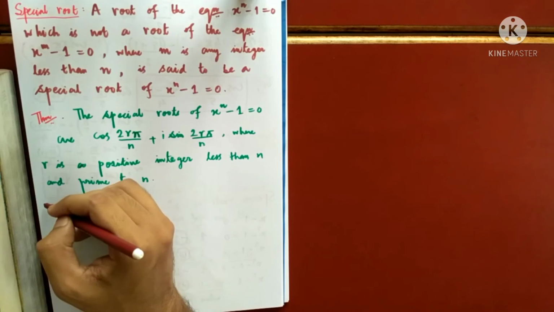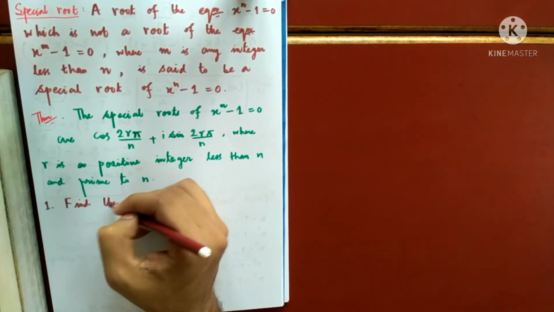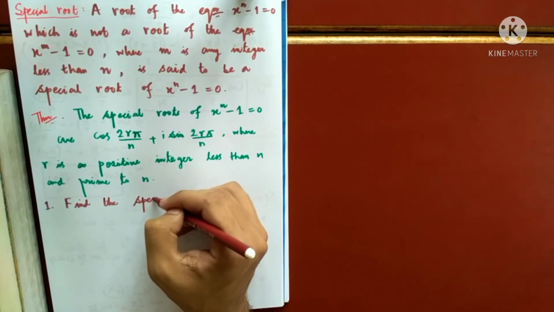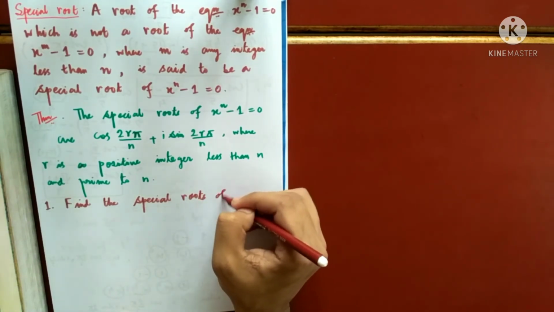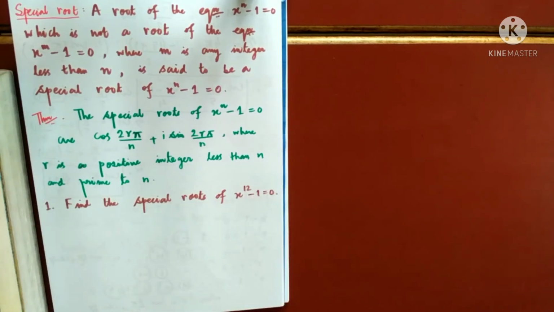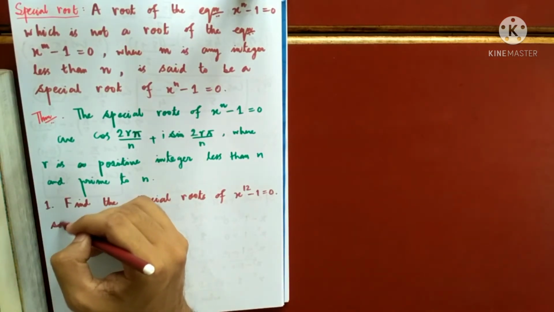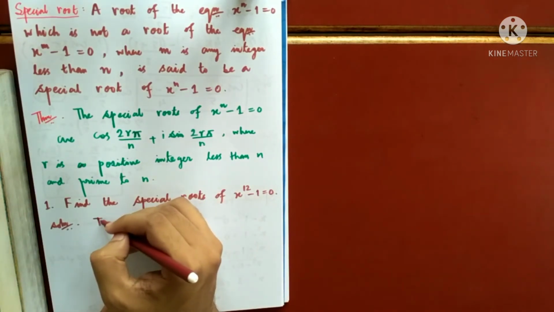So suppose I give you a question: find the special roots of x to the power 12 minus 1 equals to 0. Okay, so if this is the question, how to find the special roots? The answer is very simple. So what does the theorem say?